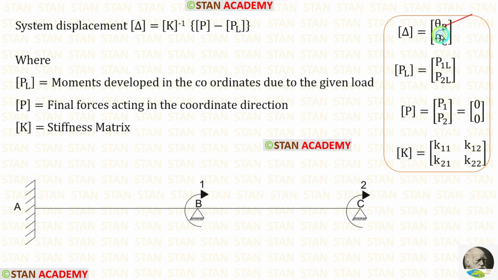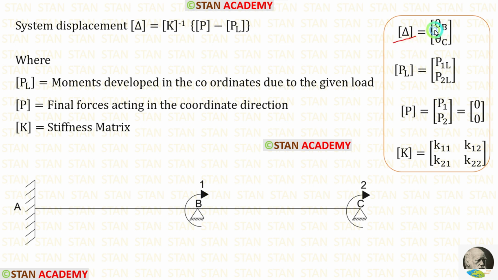Inside the delta matrix, PL matrix and the P matrix, there will be two values, because in this analysis there are two coordinates. Since there are two coordinates, the size of the stiffness matrix will be 2 cross 2.